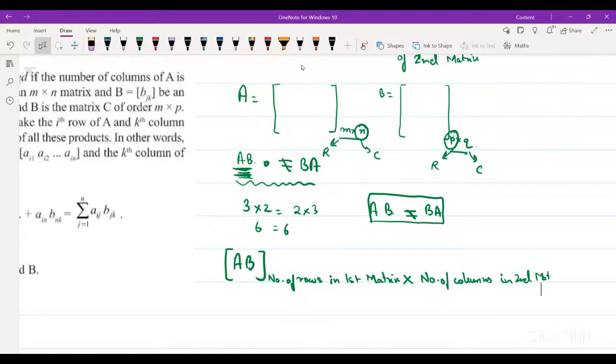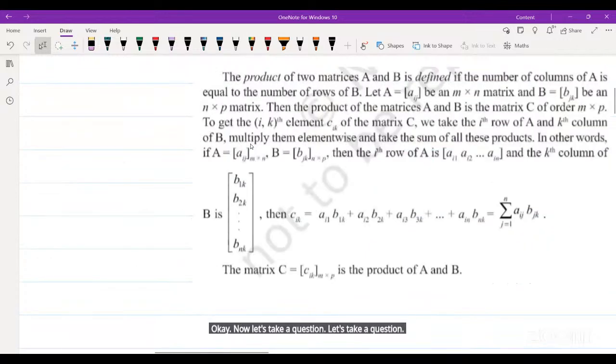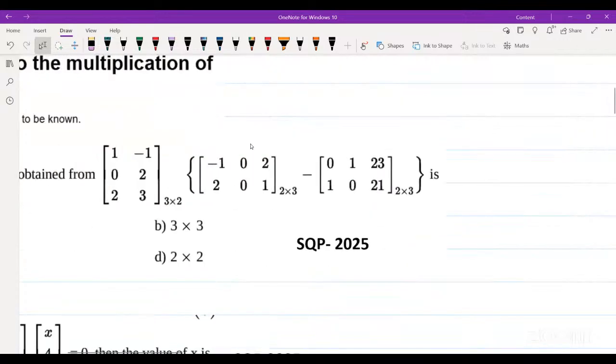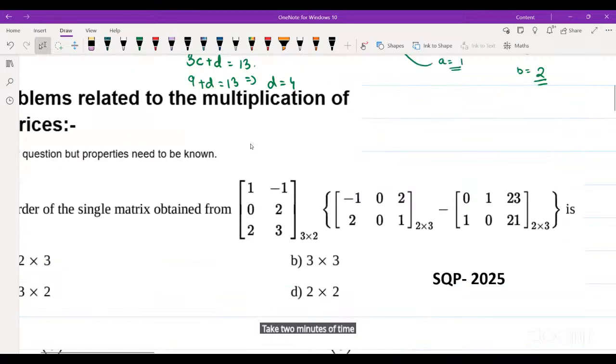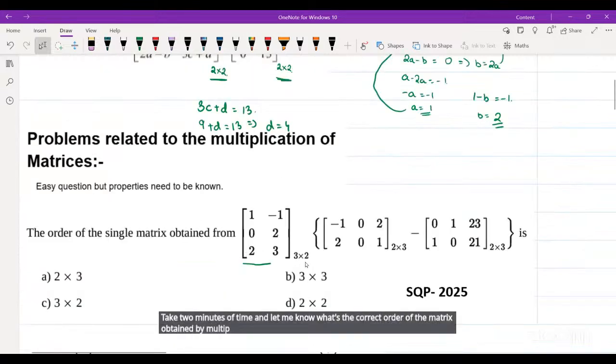Yes, sir. Okay. Now let's take a question. Take 2 minutes and let me know the correct order of the matrix obtained by multiplication of this matrix with this matrix.